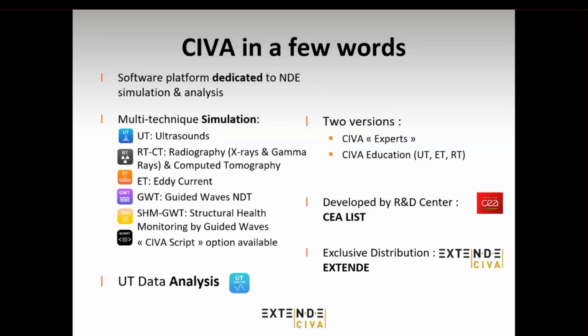It has two versions, the research version, CIVA Expert, and the educational version for universities or training centers. CIVA is developed by the R&D center CEA List in France, and Extend is the exclusive distributor worldwide. We also have some representative distributors in Asia, in Korea, Japan, India, China, and Russia.